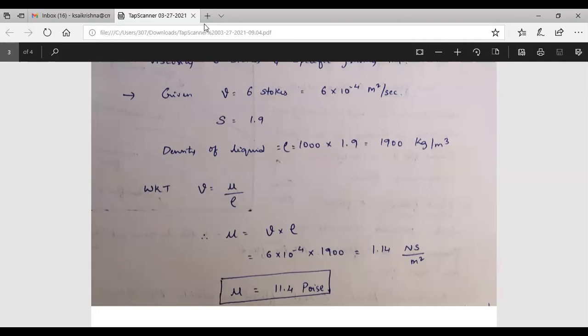Centi means what? Centi means century, 100. So 1 centipoise equals 1 by 100 poise. Okay. Concentrate on this subject. Next number.